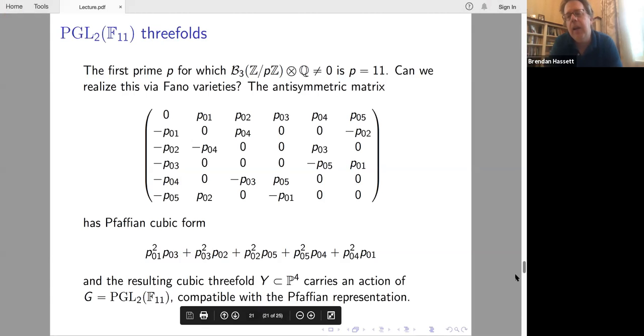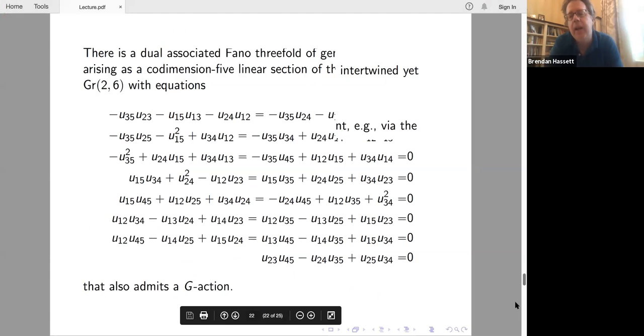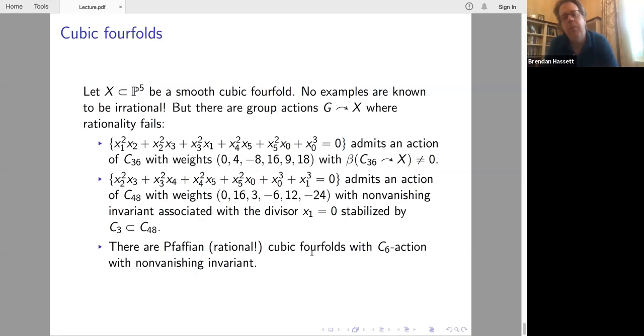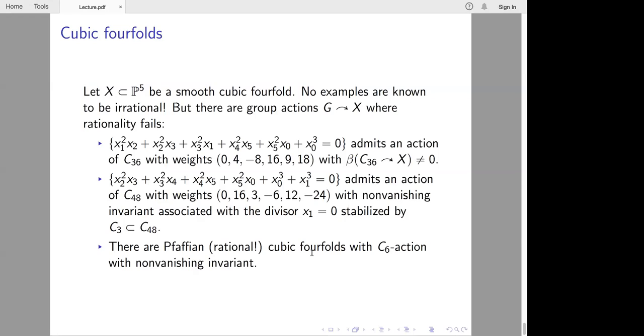Yes, and I think that was what I had in mind as well. I don't think the C6 action only has isolated fixed points. I see. I think it's more complicated.